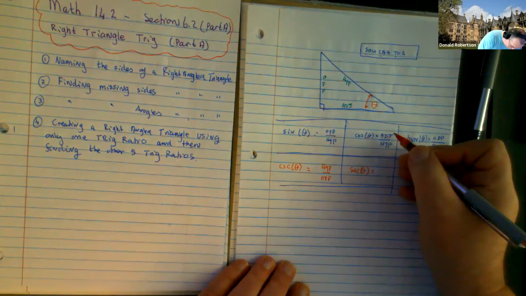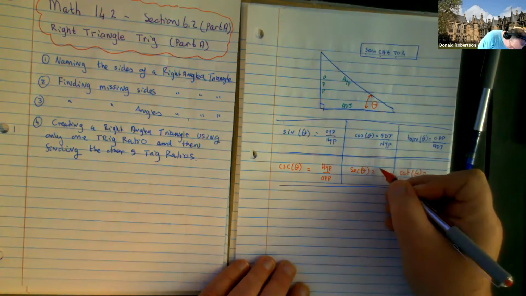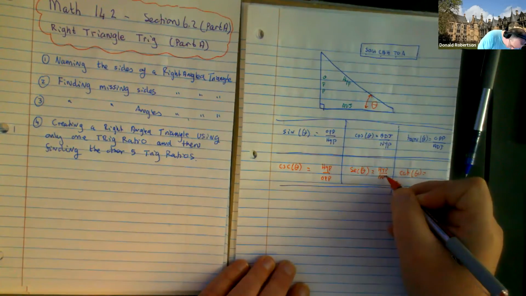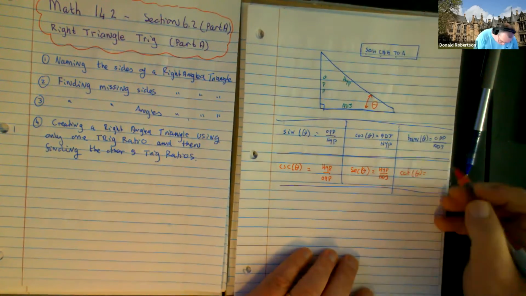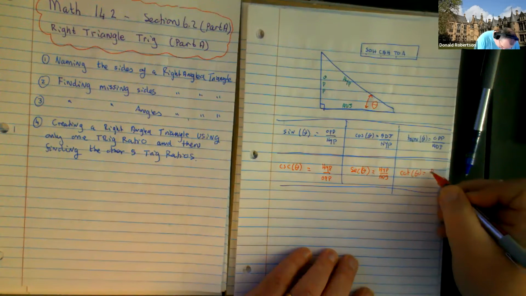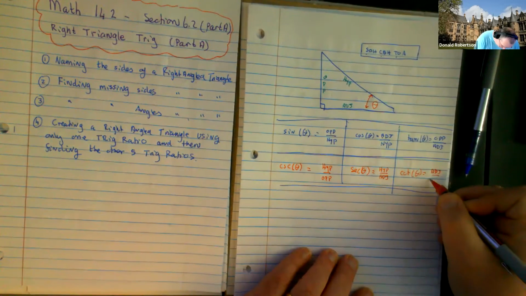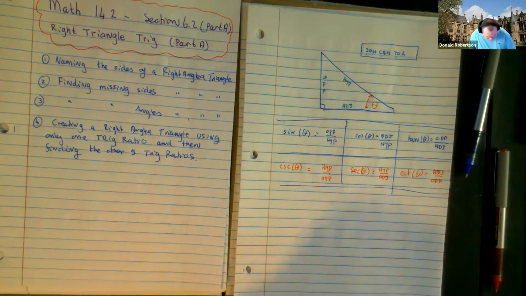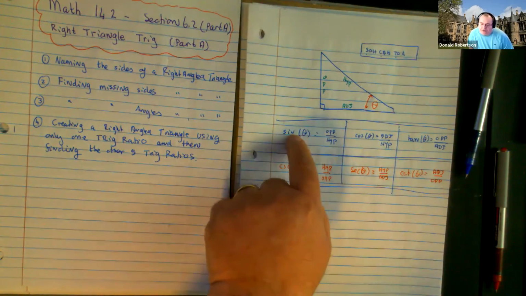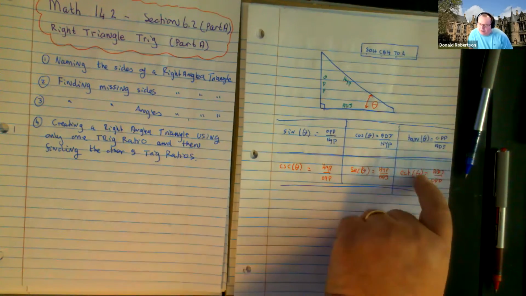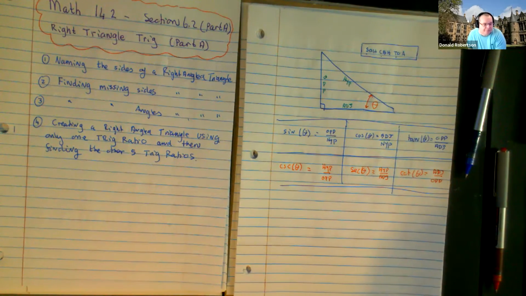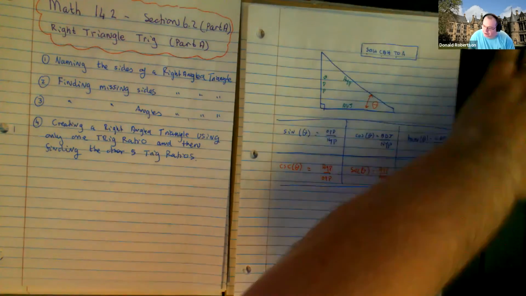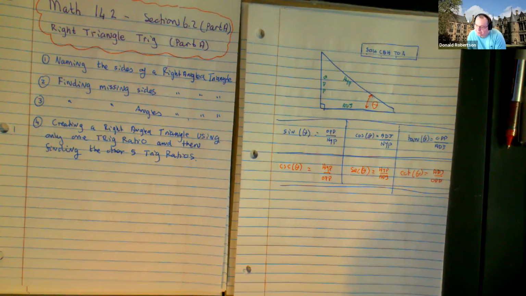So the cosine is adjacent over hypotenuse, so the secant is hypotenuse divided by the adjacent. The tangent is opposite over adjacent, so the cotangent is adjacent over the opposite. So for any right-angled triangle, these are the formulas for calculating the 6 trig ratios. Pretty much Friday, right? Nothing new here.